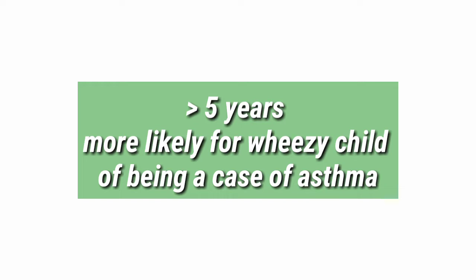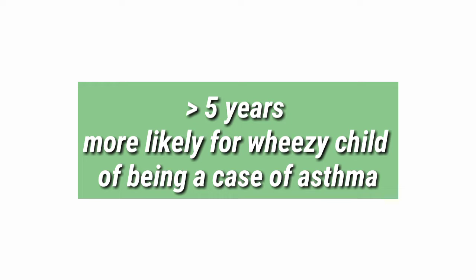When you take history, you will check whether the patient has a history of atopy, repeated episodes of bronchospasm, repeated episodes of wheeze that are responsive to bronchodilators in the form of nebulization. So it will be easy for you to label a patient as asthmatic after the age of 5 years.